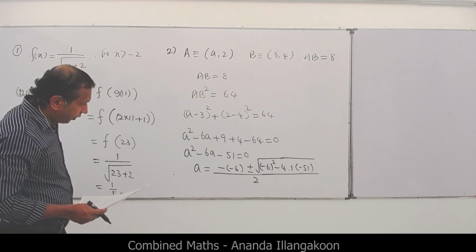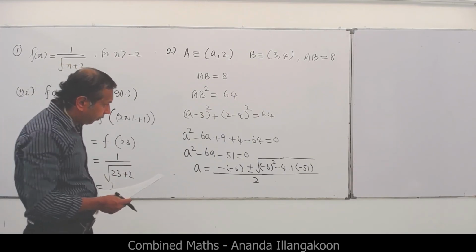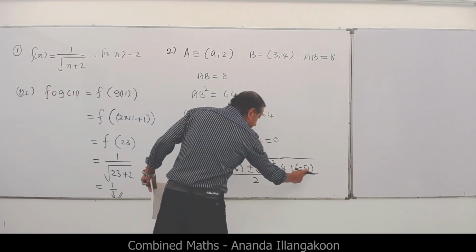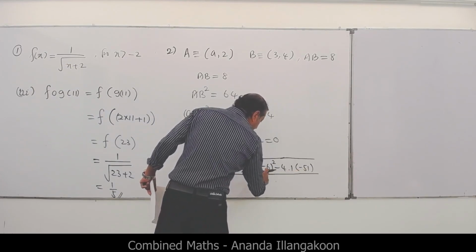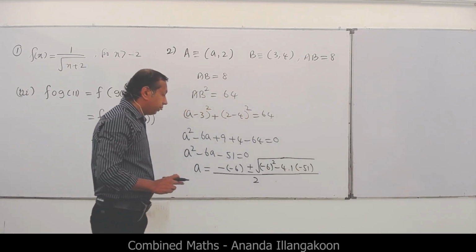And then when you simplify this, we get here 204, and 6 squared is 36, so 240.